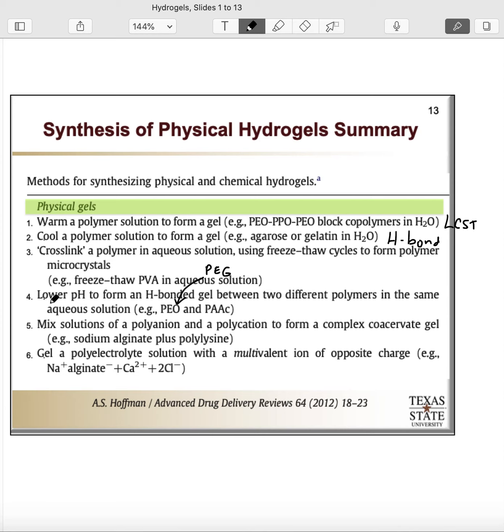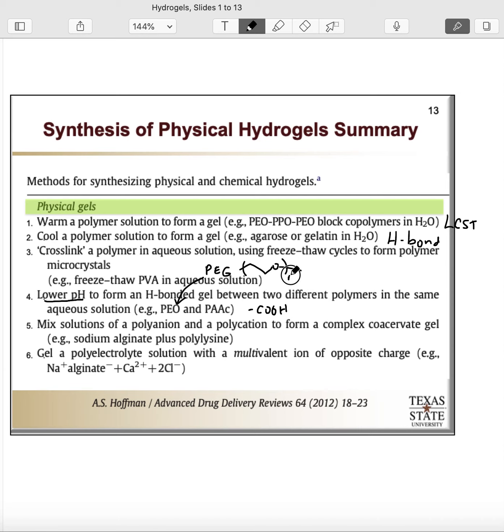So in this particular case, they say to lower the pH because polyacrylic acid at neutral pH would be deprotonated. And in this particular case, what we want is the carboxylic acids to be in their protonated form, COOH, which is neutral, but which would have the ability to now hydrogen bond to the polyethylene glycol, right? If it is protonated, it's able to hydrogen bond to polyethylene glycol, which we all know has this structure.